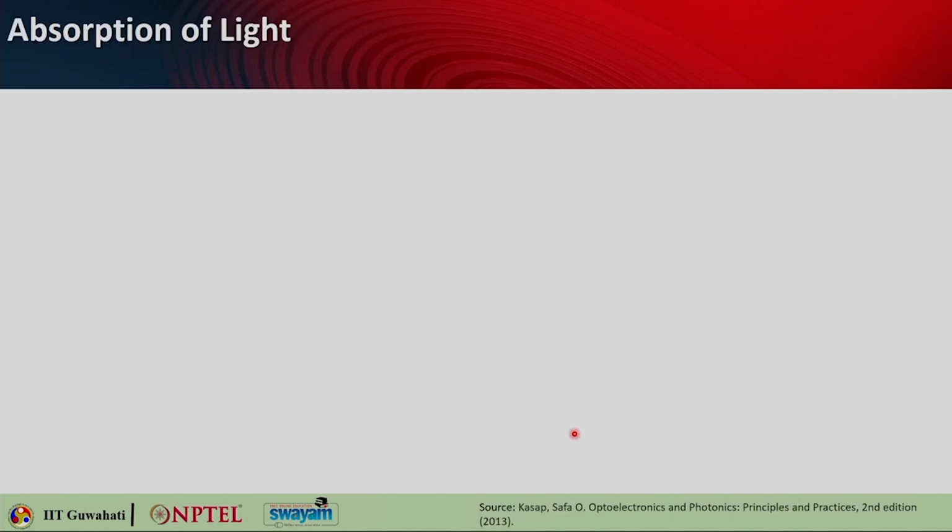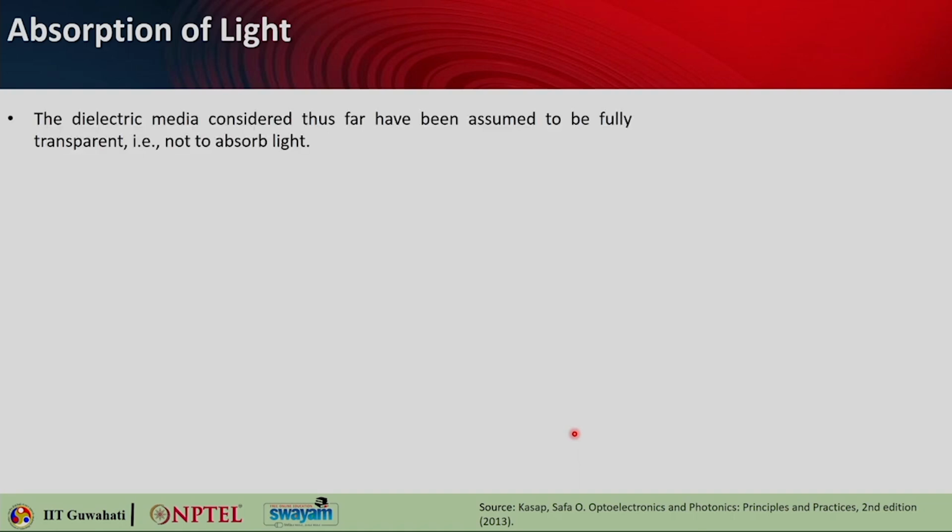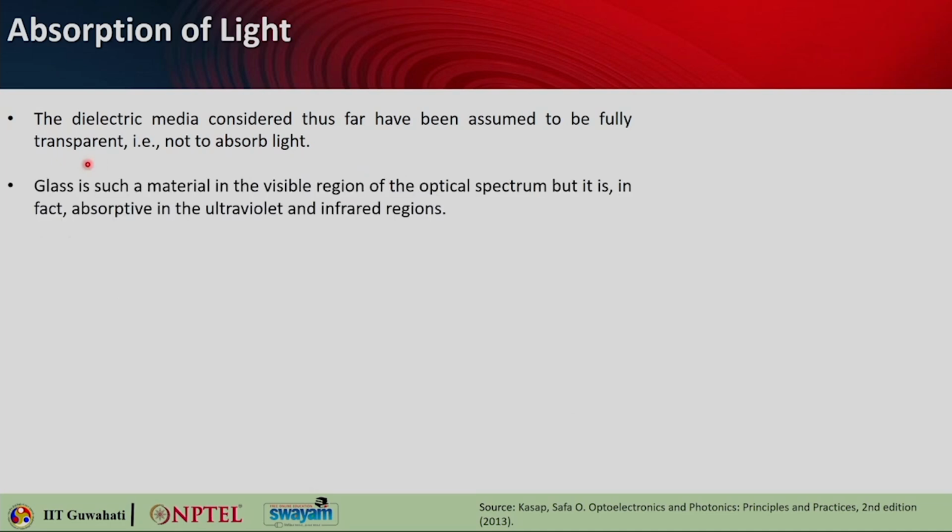So why light gets absorbed and who absorbs light. Okay. So till now we have seen dielectric media which are completely transparent, that means they do not absorb light. But is it really true? Now if you see glass, it is a material which is transparent in the visible spectrum.